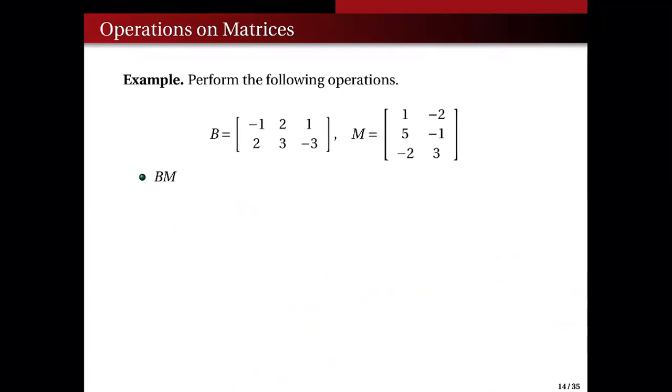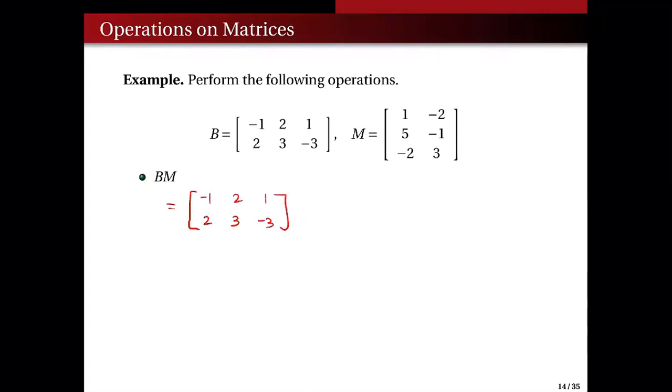Next example, BM. We want to find the product BM. So let's see. BM is equal to, let us just copy B: negative 1, 2, 1, 2, 3, negative 3.